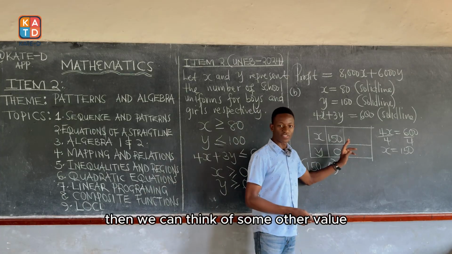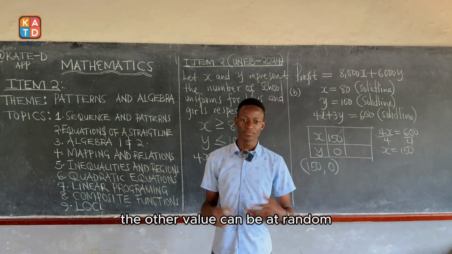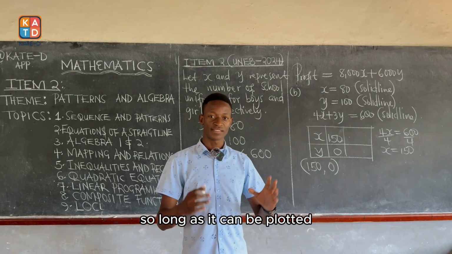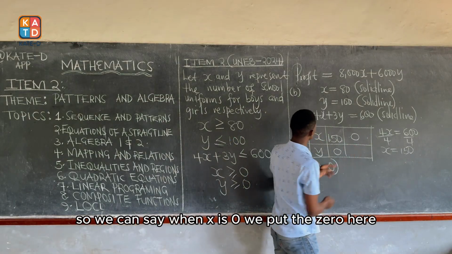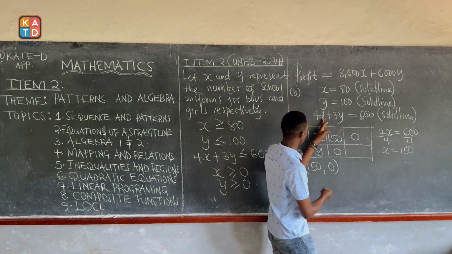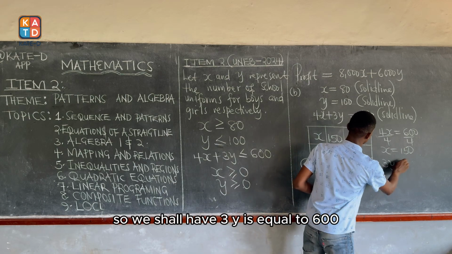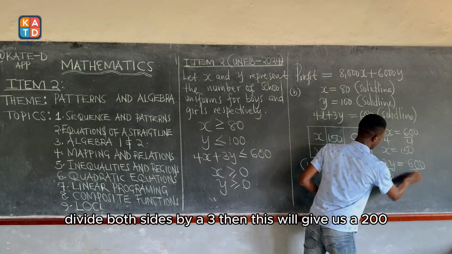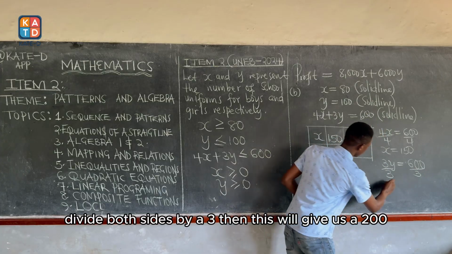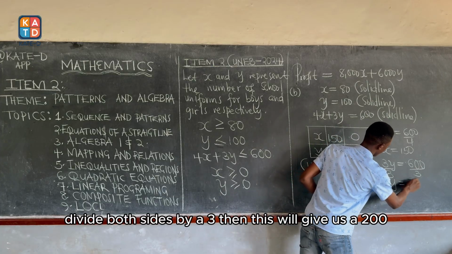Then we can think of some other value. The other value can be at random, so long as it can be plotted. So we can say when x is 0, we put the 0 here. So we shall have 3y is equal to 600, divide both sides by 3, then this will give us 200.